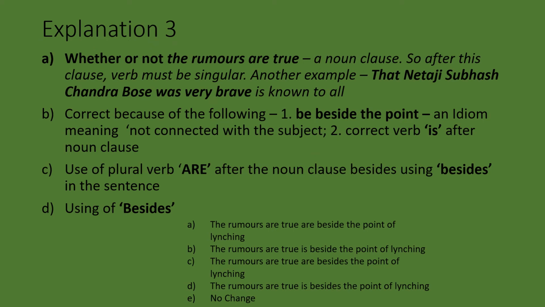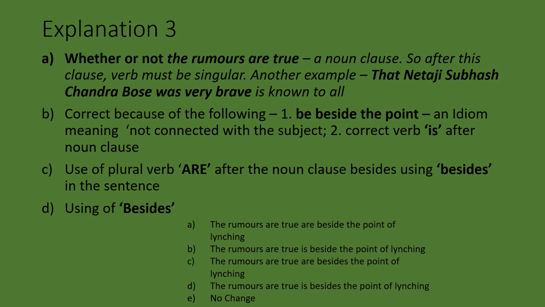The first, let's understand this. As you may be aware, there are 3 clauses: noun, adjective and adverb. Whether or not the rumours are true, this part of the sentence is a noun clause, and always keep it in mind, just memorize it.